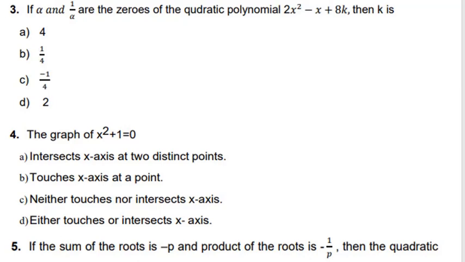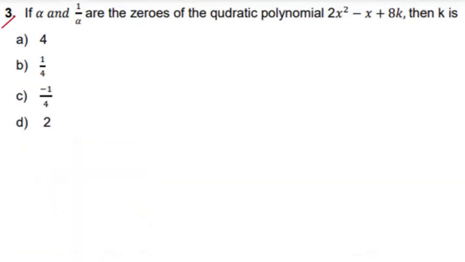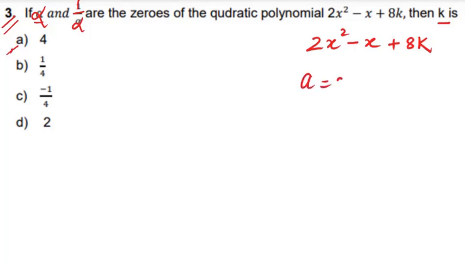Here we have the third question. Question number 3: if alpha and 1 upon alpha are the zeros of the quadratic polynomial 2x square minus x plus 8k, then we have to find the value of k. In this polynomial, the coefficient of x square is a, which is 2.